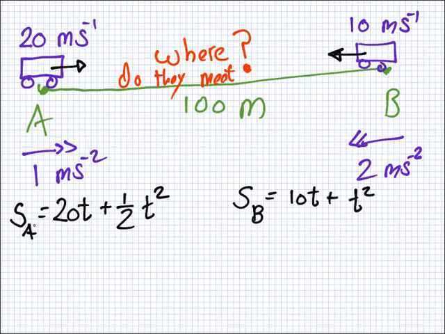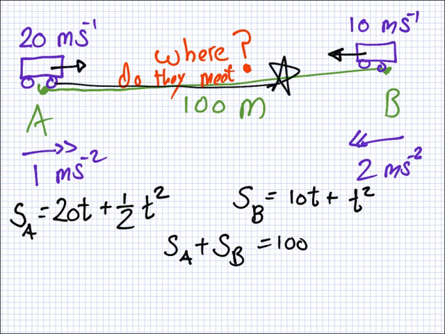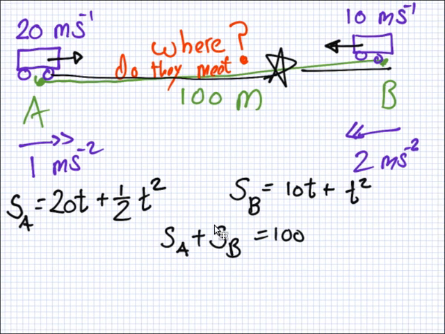But what do we know about SA and SB? 100 meters. Well, I would just say SA plus SB equals 100, because if they meet here, then SA and SB must add up to 100.